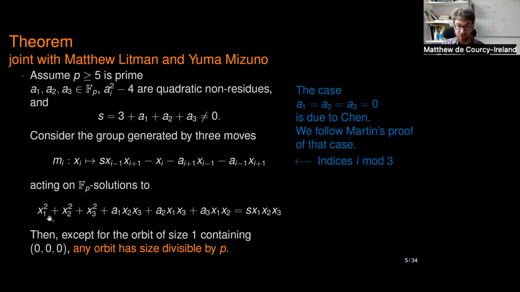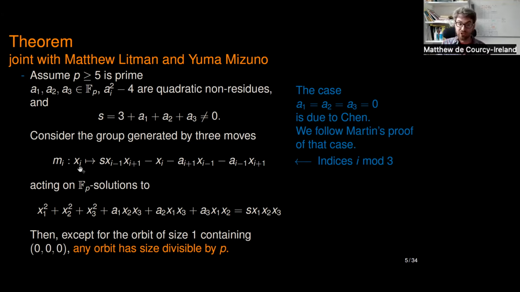So we consider the surface sum of squares plus off-diagonal terms equals S times product. S is not 0, so this is an honest cubic. And just like with the Markov equation, it's really only quadratic, so you can change one coordinate at a time by a move I call mi, where the indices i are taken mod 3.